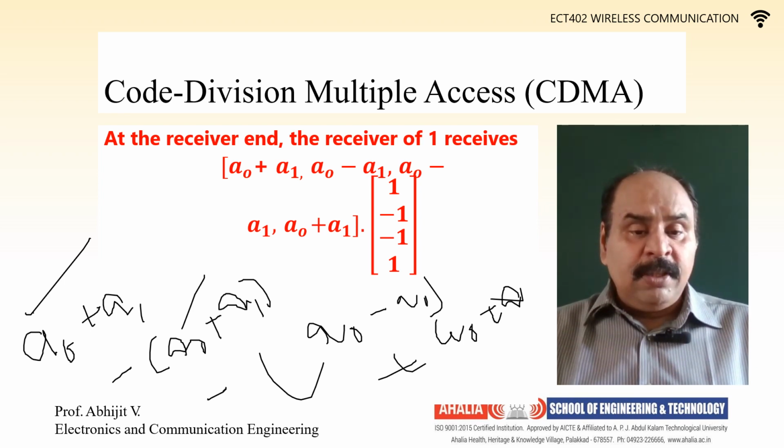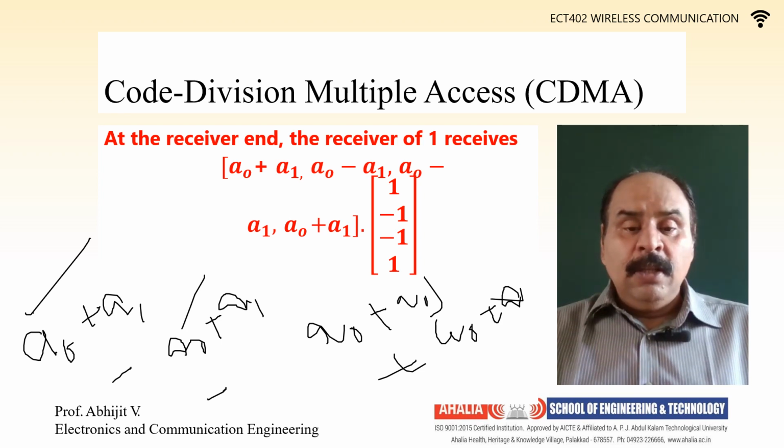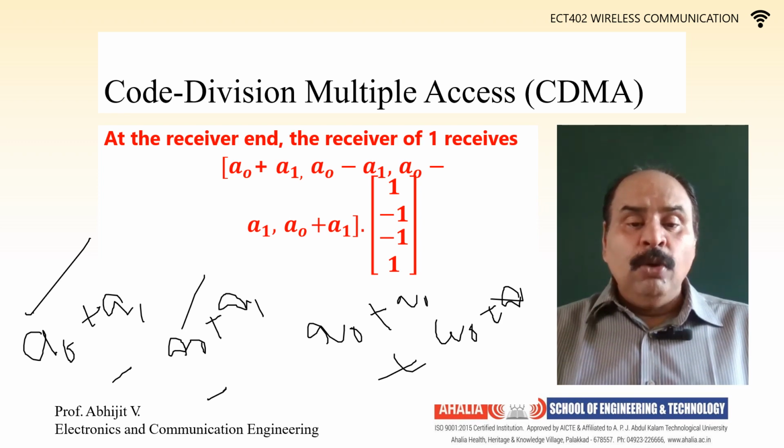When you remove this, this will become plus, right? So here you will have minus A0, then plus A1, then plus A0 plus A1.